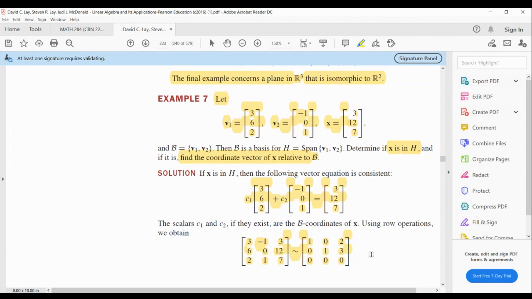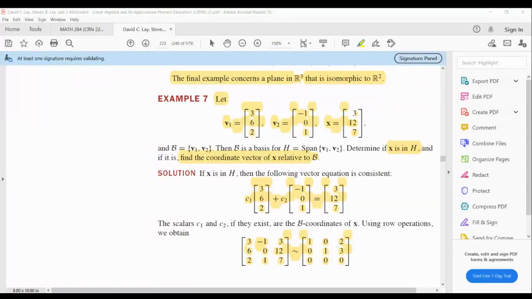So what is C1 equal to here? What is C1 equal to? C1 is 2, and C2 is 3. That's right.